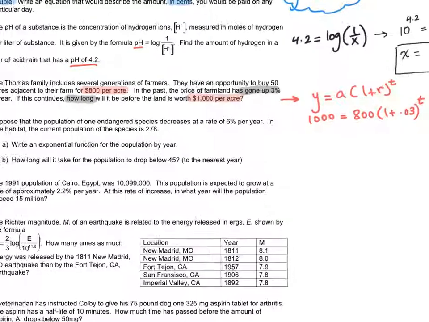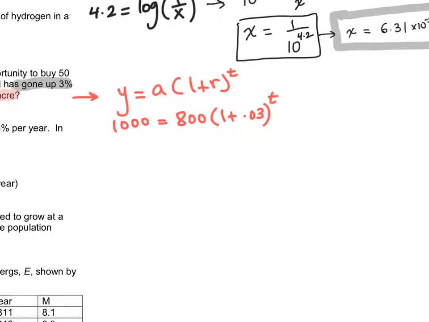Now that's the equation, but I need to solve for t using log. So now let's fix this. If I divide 1,000 by 800, I will get 1.25. And 1 plus 0.03 is going to be 1.03 to the power t.